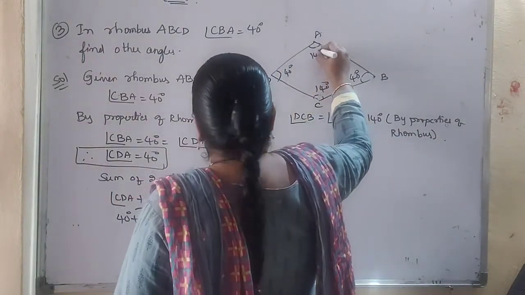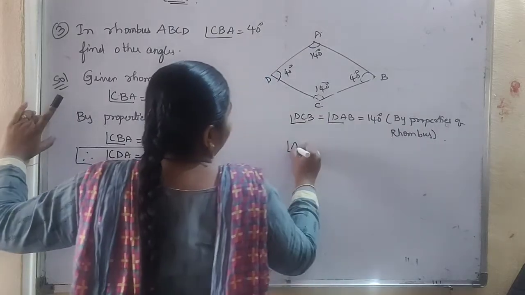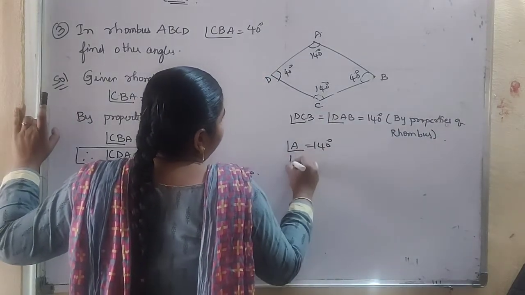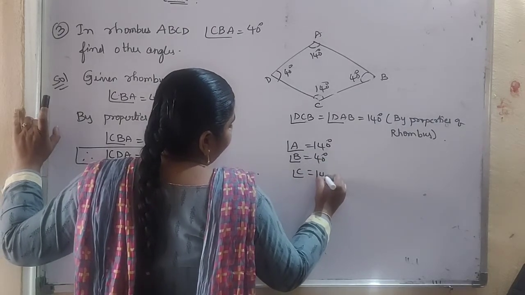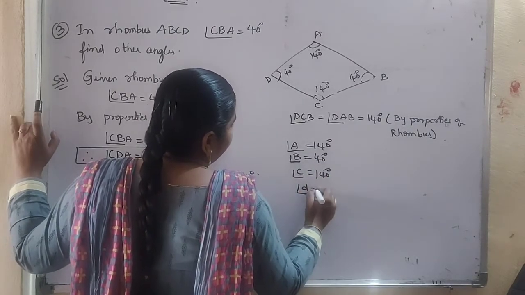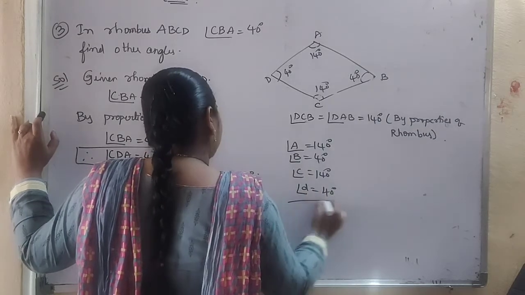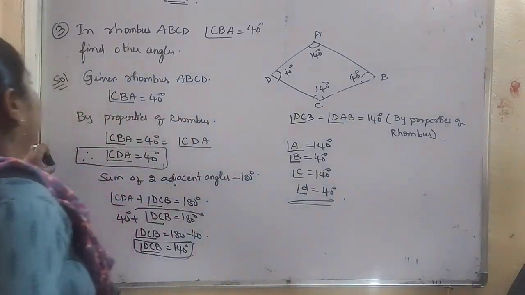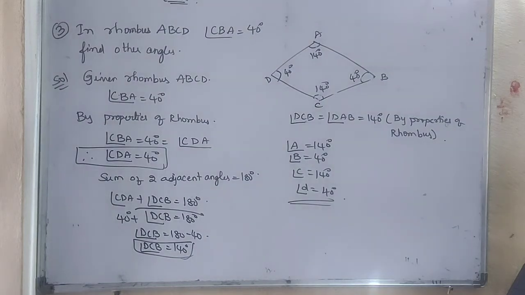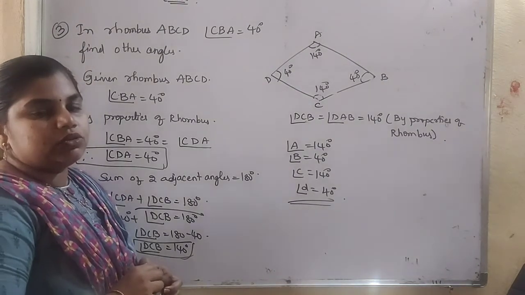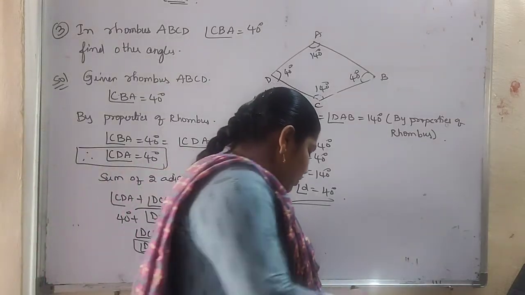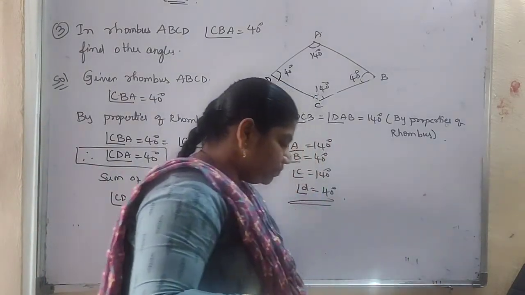Angle A is 140, angle B is 40, angle C is 140, and angle D is 40 degrees. So these are the angles of the given question. Third bit: A is 140, B is 40, C is 140, D is 40, by using opposite angles are equal. So this is our third question.